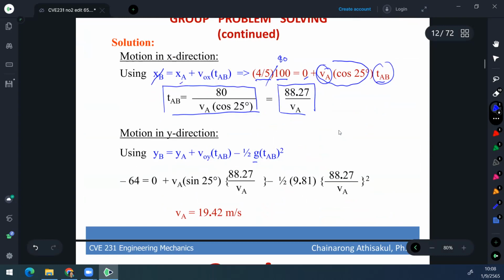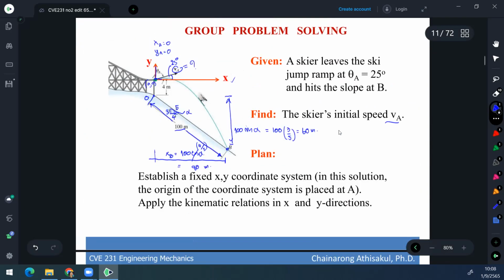Sorry, 60 meter is just the projection distance from point O to point B in the Y direction.